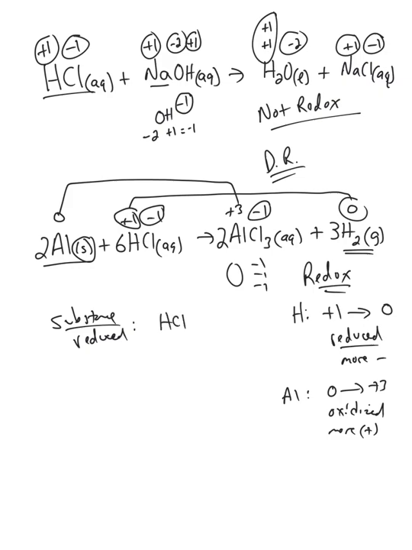However, if they said which element specifically in the reaction is being reduced, then you would say hydrogen. Okay? So if it says substance, you're looking at which reactant, right? Which would be HCl. All right, so that's an introduction to oxidation numbers. There are lots of different videos online if you need more practice from other individuals that talk about it, but hopefully this gives you a good basis for oxidation numbers.